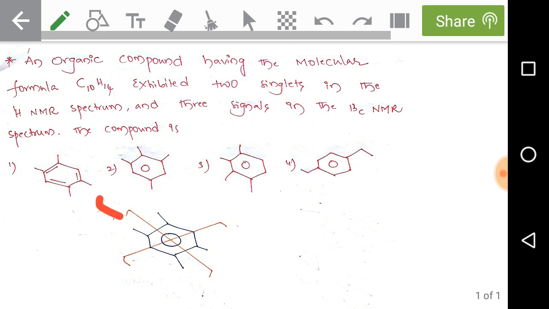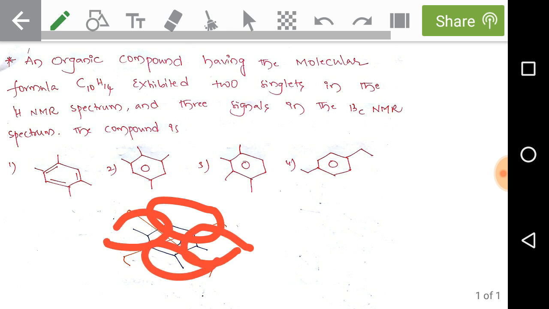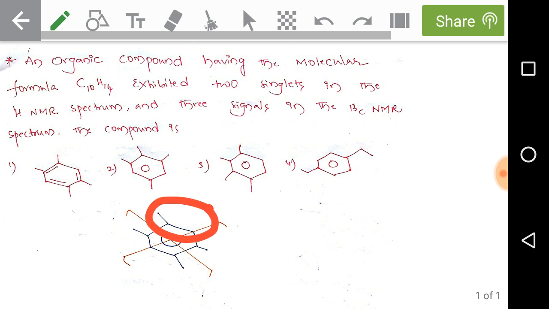And you can see, you can divide the first option, compound 1, in two ways. You can cut by 2 planes on this molecule, and if you do that, this is the similar structure you can get in all the possible cuttings with the planes. If you observe this one part of the given molecule, it gives the number of C13 and HNMR signals.